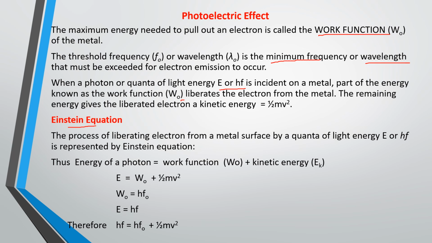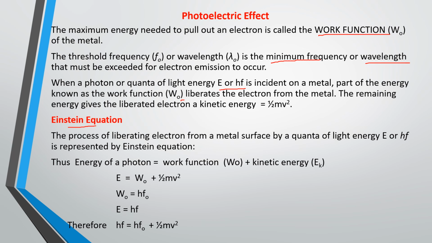The Einstein equation helps us to understand that when an electron is ejected from the surface of a metal, the total energy is equal to the work function plus the kinetic energy.